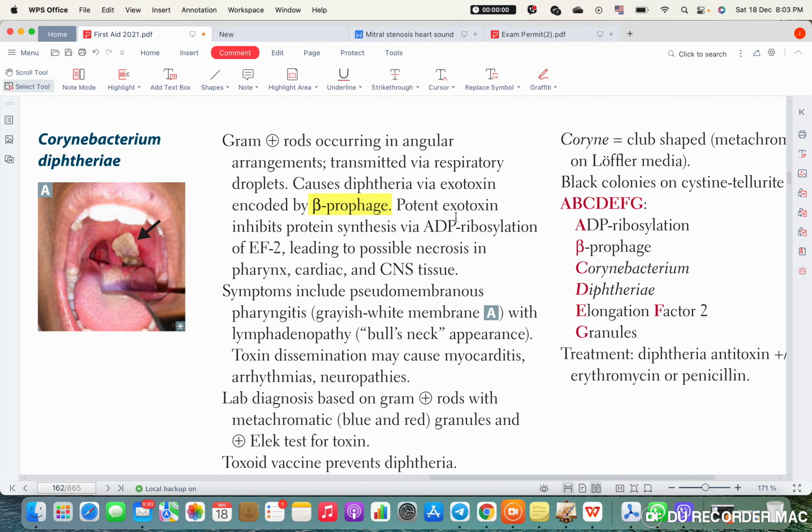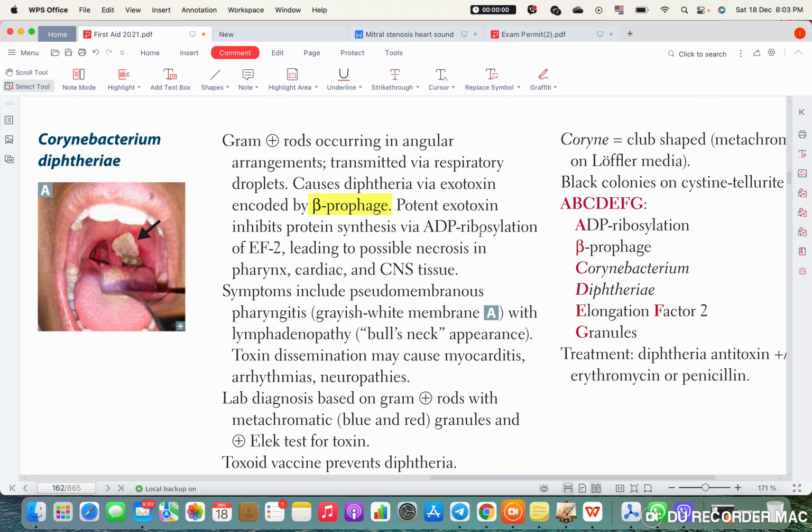So it can lead to a potent exotoxin that inhibits protein synthesis. Remember, please, protein synthesis happens by which procedure? Is it translation or transcription?